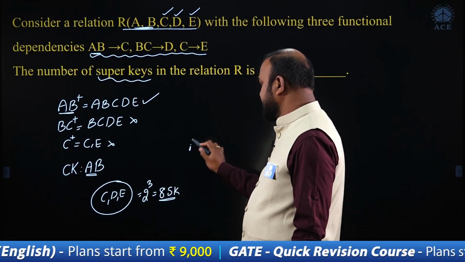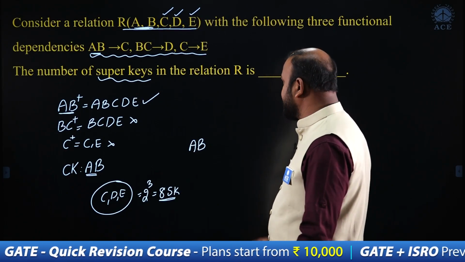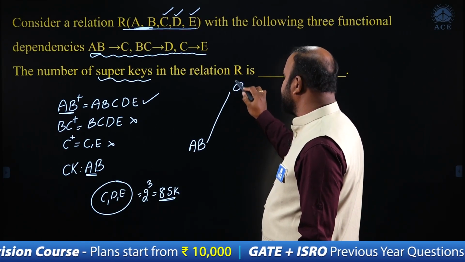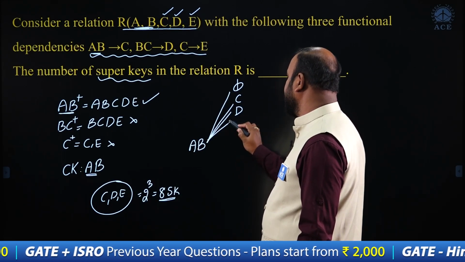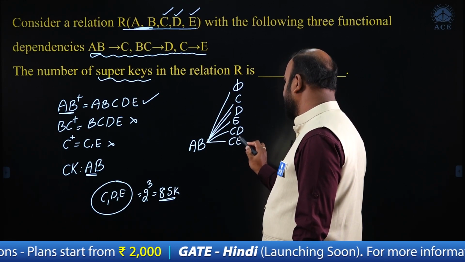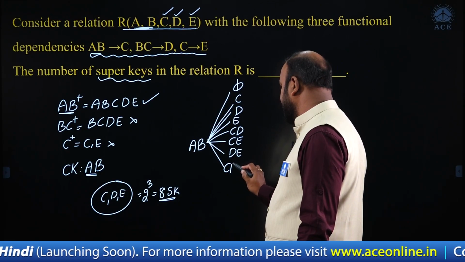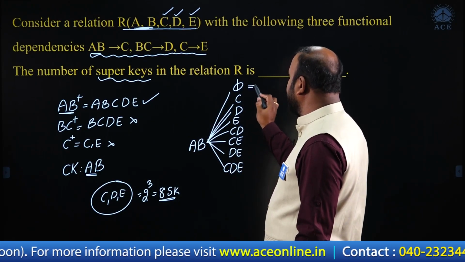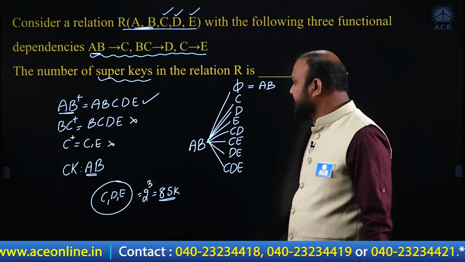How? Look at, AB is a candidate key. And what are the non-prime attributes? C, D, E. What are the possible combinations of C, D, E? Phi, C, D, E, CD, CE, DE and CDE. Here you look, AB with phi, we will get AB, and you know that every candidate key is a super key.